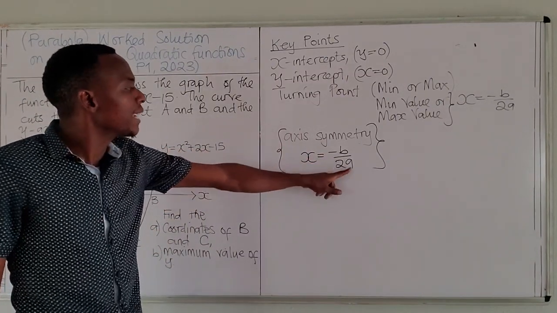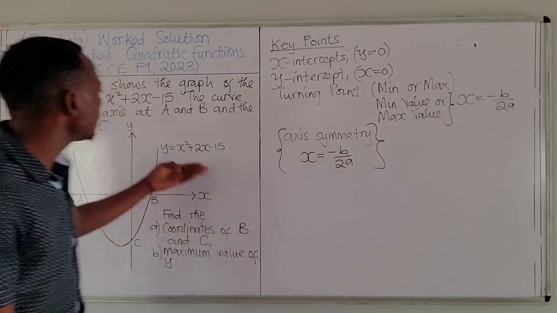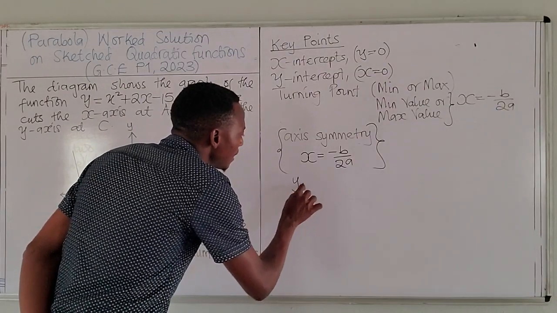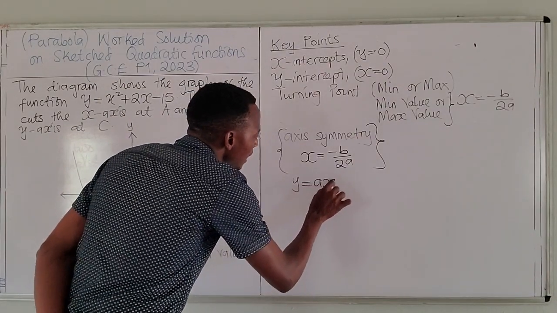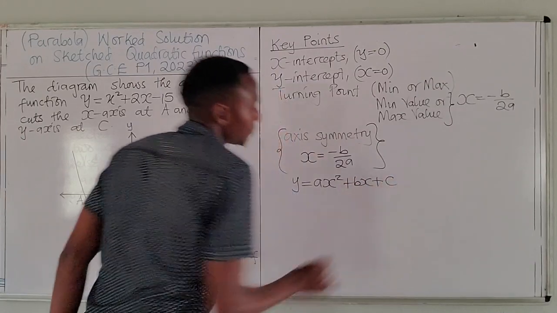Now where do we get the letters a and b? We get them from the equation, because the standard form of the quadratic function is ax squared plus bx plus c.